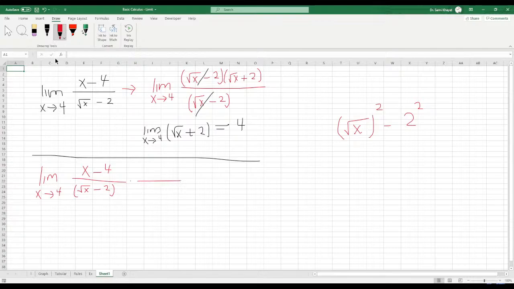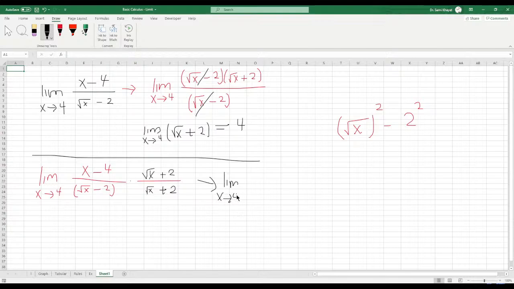I can multiply and divide by square root of x plus 2. This is another way to solve it, and both of them you will reach the same answer.